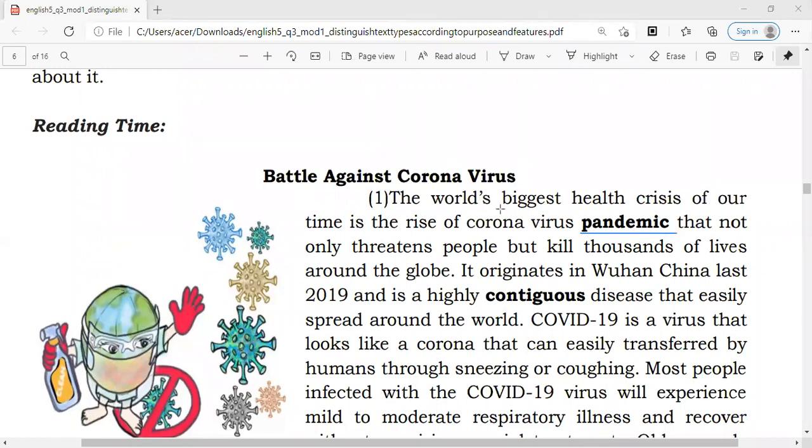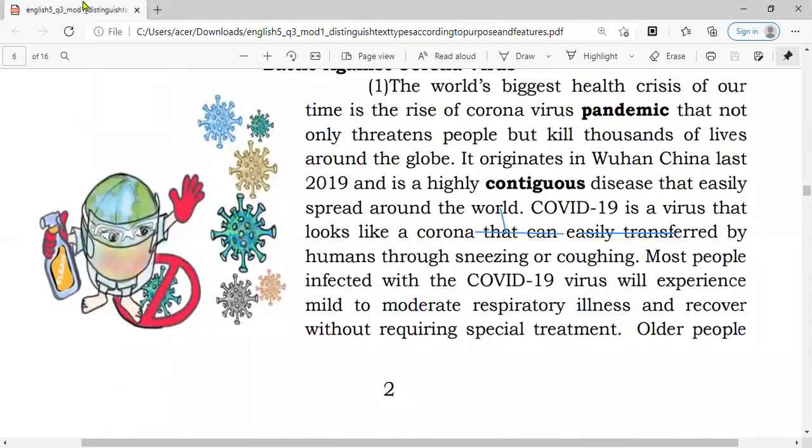We have the coronavirus. Because of coronavirus, we are experiencing now a pandemic, not only here in the Philippines but all throughout the world. So where did this coronavirus come from?